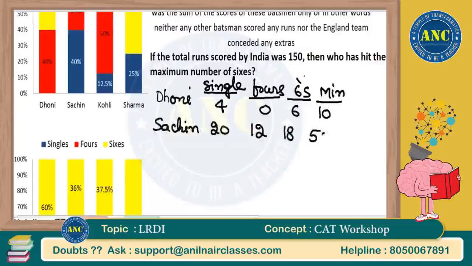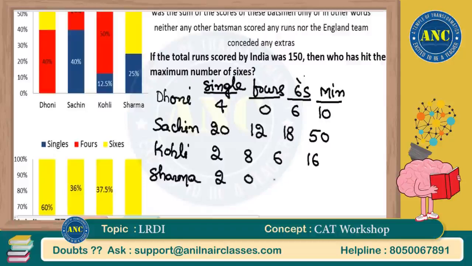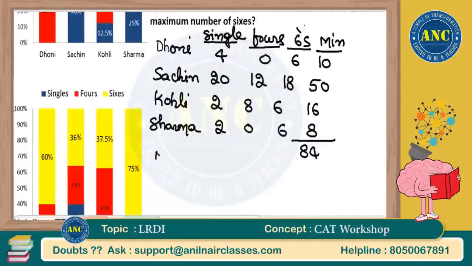This will be 50. Kohli will be 16. Sharma will be 84. Now I will not solve the question. Minimum score, I will just give you the approach. Minimum score is 84.